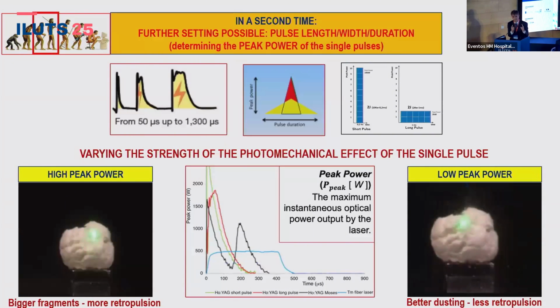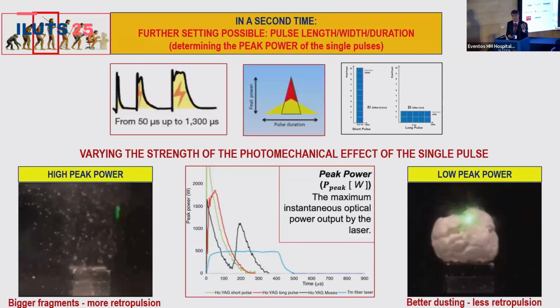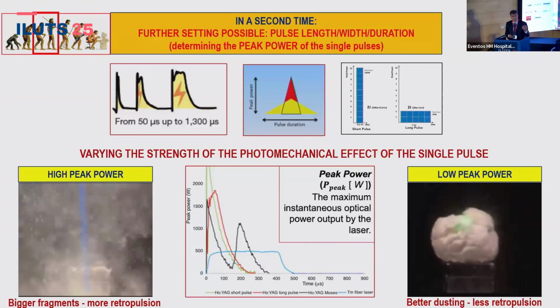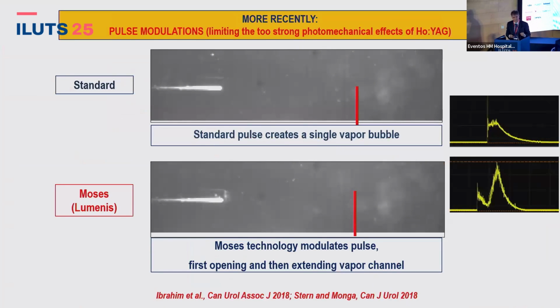So we can increase the length of the single pulse, and increasing the length, we decrease the peak power. And for the holmium, this is mandatory, because the peak power of the holmium is from 2000 to 12,000 watts. So we need to decrease this peak power, enlarging the timing.